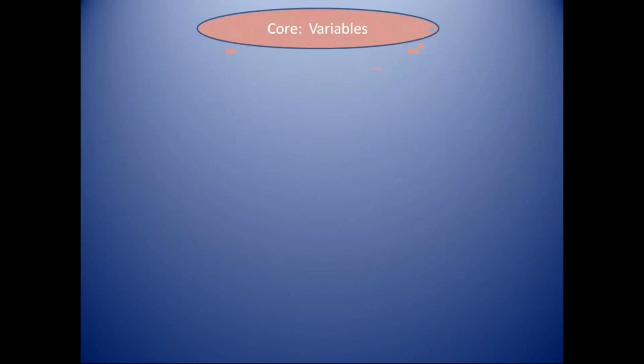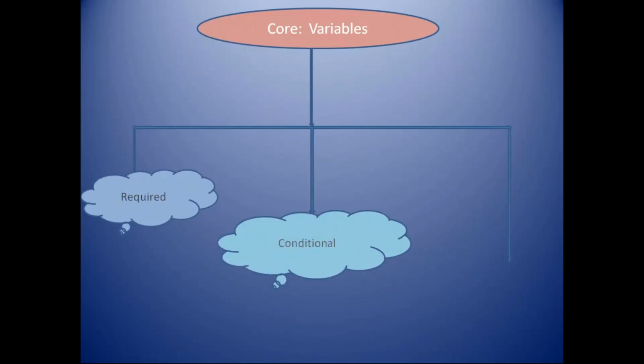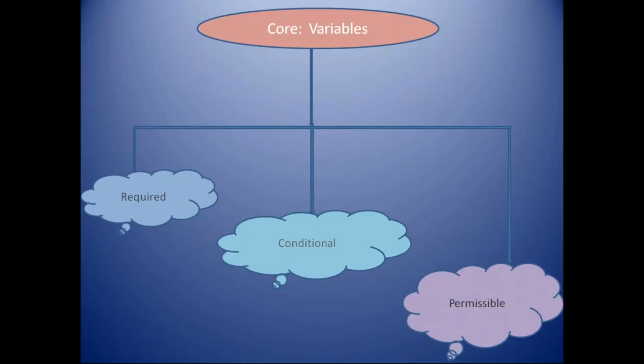Now, in ADaM we also have variables. The variables have been classified into three types: required, conditional, and permissible. Just as we classify variables at the SDTM level, similarly here the variables are classified into required, conditional, and permissible.